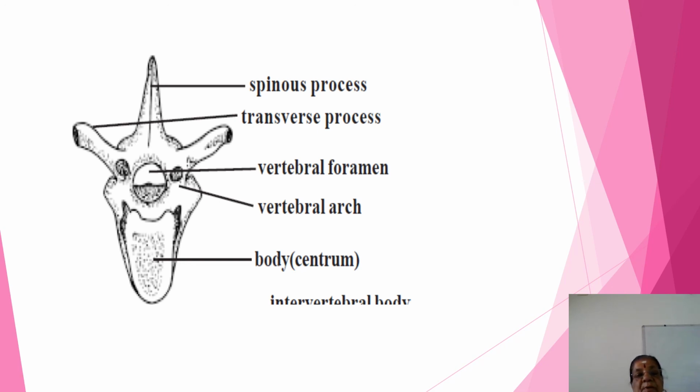This spinous process is what sticks out on our back, the protruding vertebral portion. So this is the structure of a typical vertebra. Go through the diagram. I have given a lot of description in previous videos; you can refer to that. You should know this diagram for a diagram question.